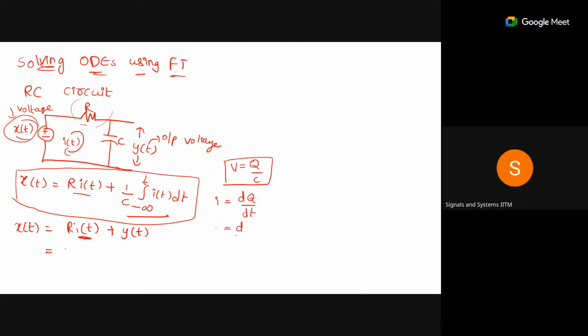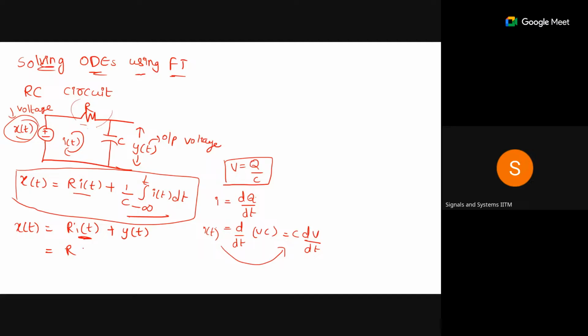So it will be d by dt of Vc. Since C is a constant, it will come out. It will be C dv by dt.